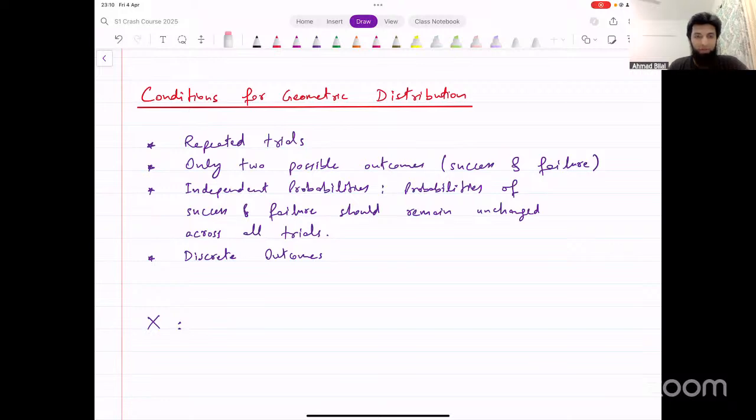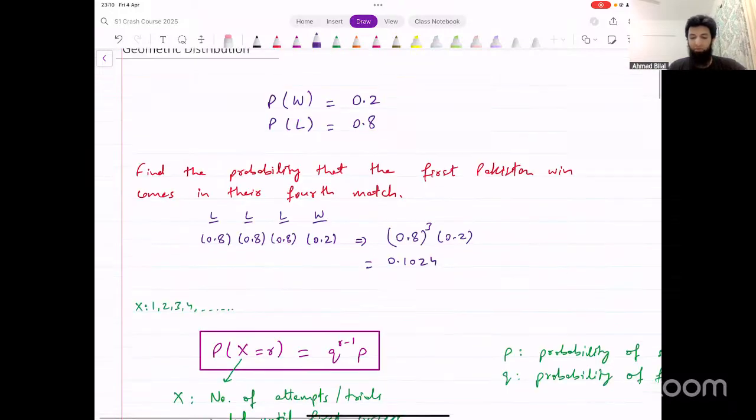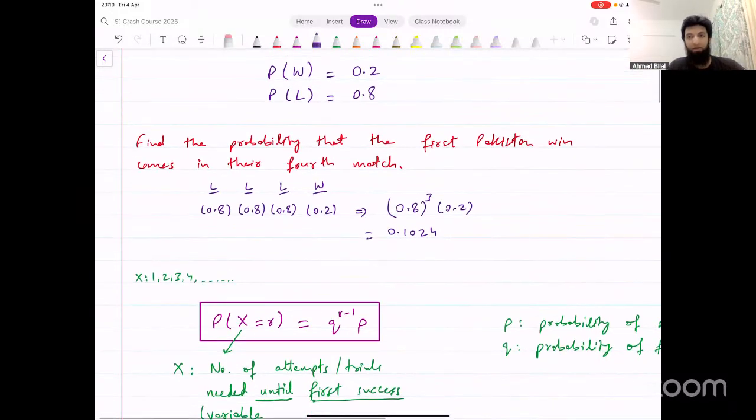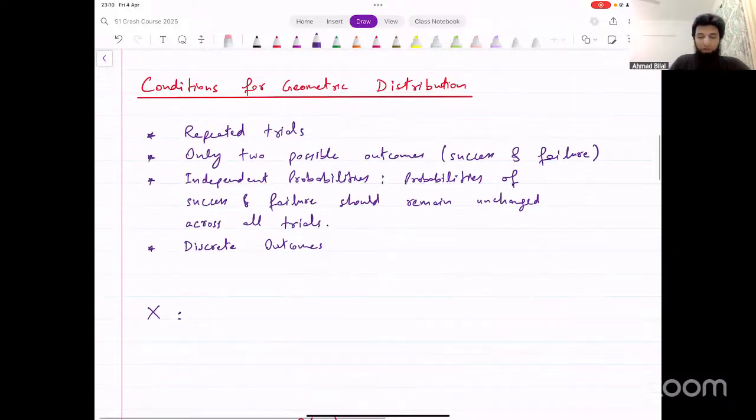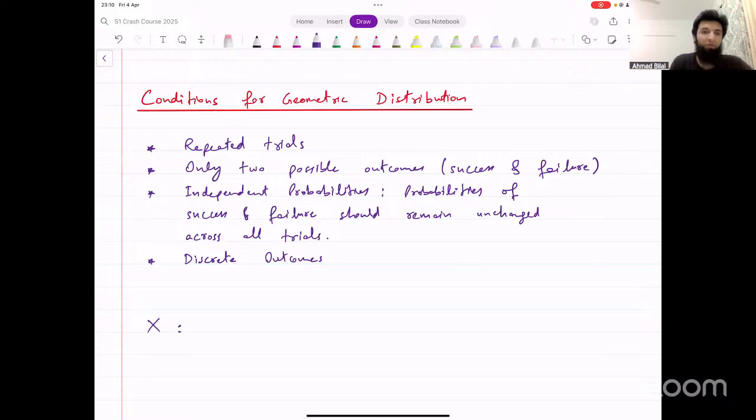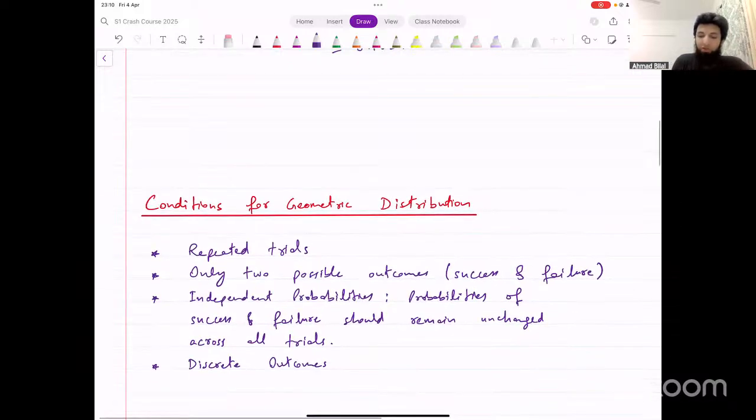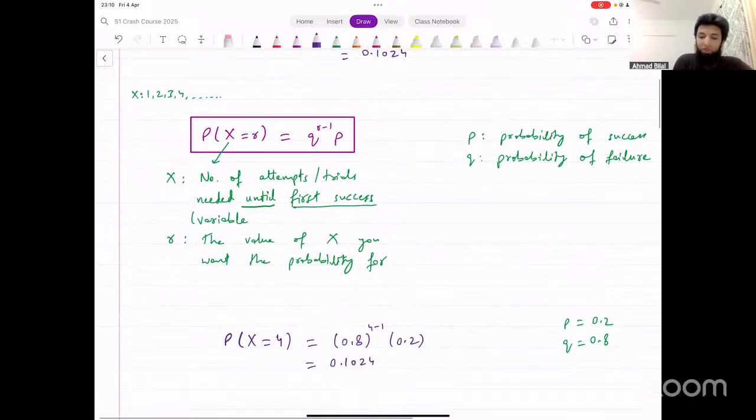Now here as well, you have something happening repeatedly. You need something happening again and again. Just like here, the team is playing matches again and again, one after the other, something is repeating. But the total number does not have to be fixed, right? We don't necessarily need to know the total number because that's not used in our calculation. Q raised to power r minus 1 times p, there's no mention of n there.